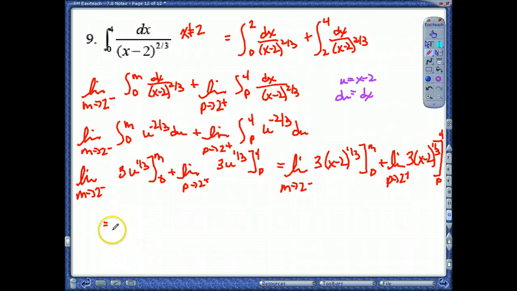All right, so we get the limit as m approaches 2 from the left side of 3 times (m minus 2) to the 1/3 minus 3 times (0 minus 2) to the 1/3.